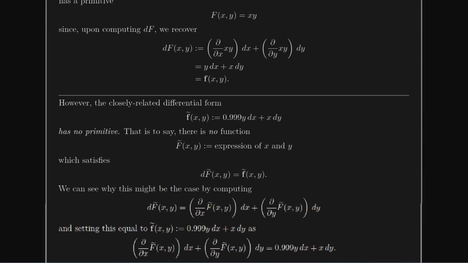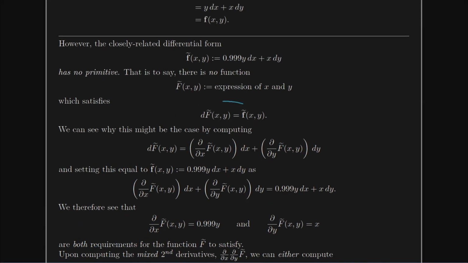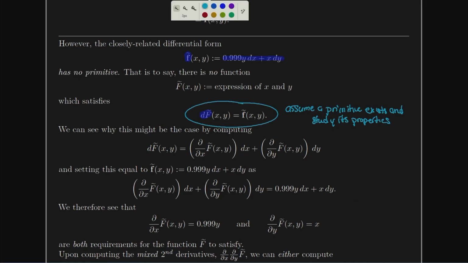Well, let's assume a primitive exists and study its properties. So what would the properties of the primitive of this differential form be? Well, I know if I compute the exterior derivative of a primitive, then it'll have to agree, right?